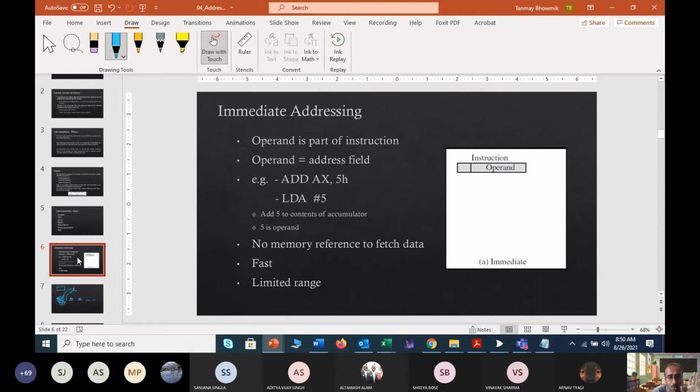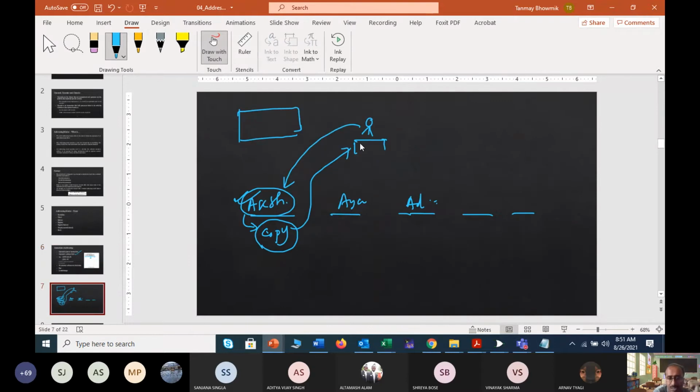Now just check what immediate addressing says. Operand is a part of the instruction. Operand is equal to the address field, right? That means the instruction being given has the operand itself in it. Now just relate it. I have asked for this operand through this instruction to Akshat.